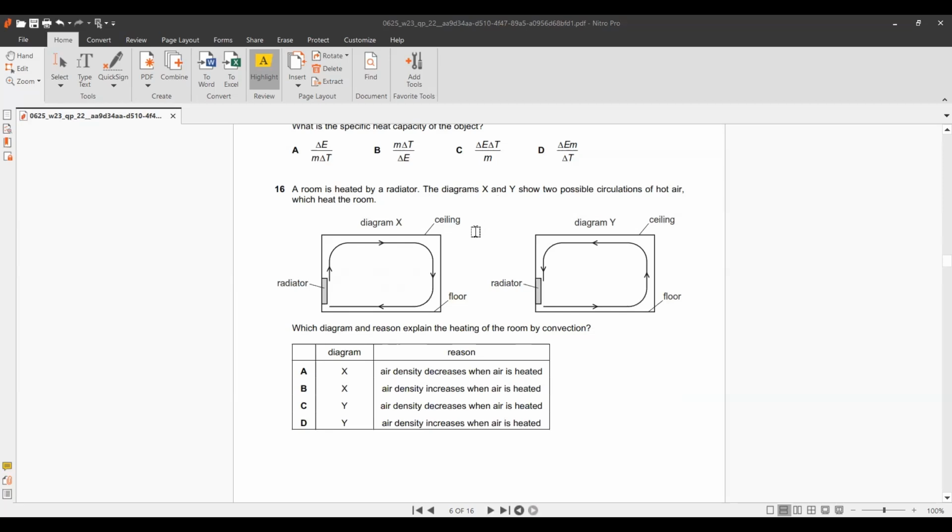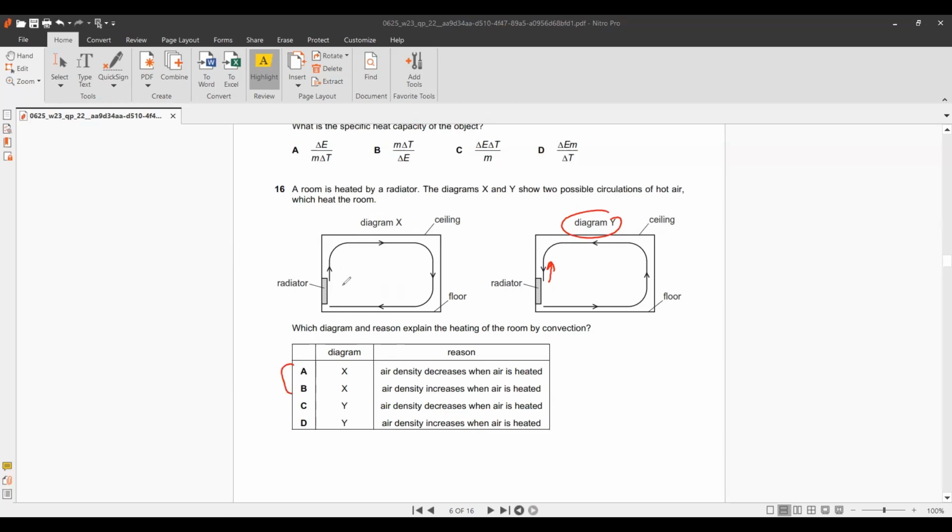Out of X and Y, which one is right? इसमें वो क्या शो कर रहा है कि heated air would go up. यहाँ पे वो कह रहा है कि heated air तो always goes up, तो Y option तो correct होगा ही नहीं. X option is correct, and the cold air takes its place. So हम will only go for option number A and B.